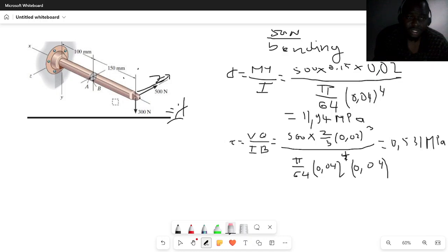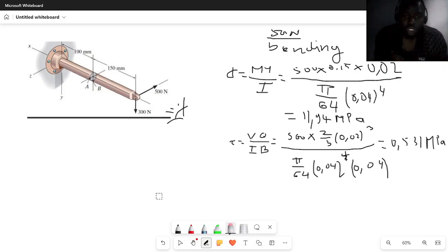When 500 is bending at A and B graphically, okay, let's go.